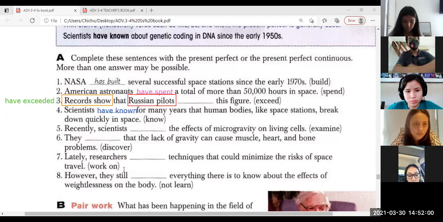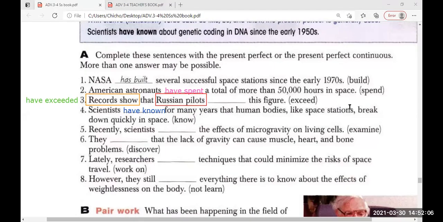Scientists have known for many years that human bodies, like a space station, break down quickly in space. Okay, very good. Number 5, recently scientists... Have been examining. Yes, very good. Have been examining the effects of microgravity on living cells.